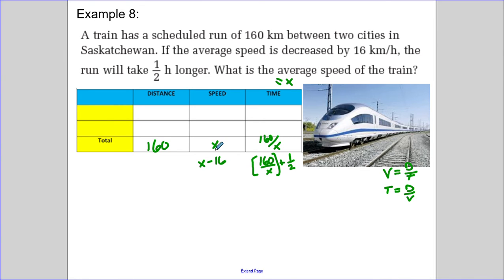So I have two separate scenarios here on what should happen and what could happen, using our equation for time that we had over here.